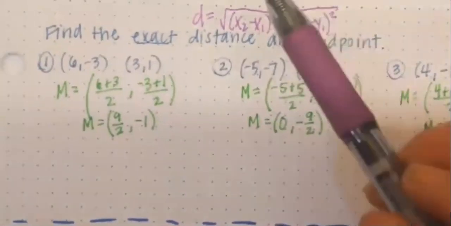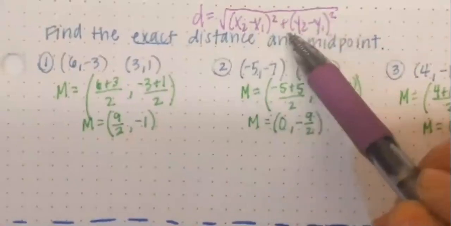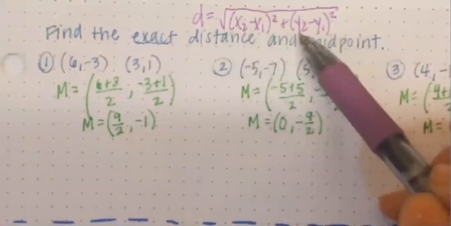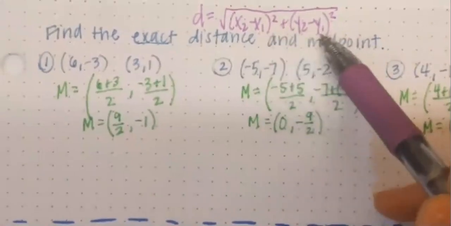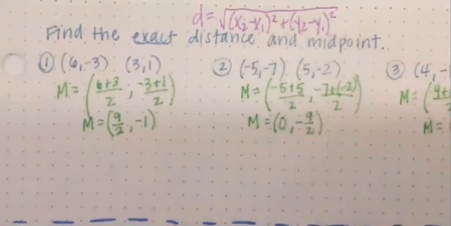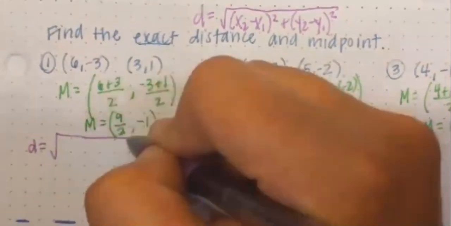So whatever point I start with the x, that's got to be the y. This x and this y have to go together, then my second x and the second y have to go together. It doesn't really matter which one you start with, as long as you line them up as you go through the problem. All right, so over here, let me get my big square root going.